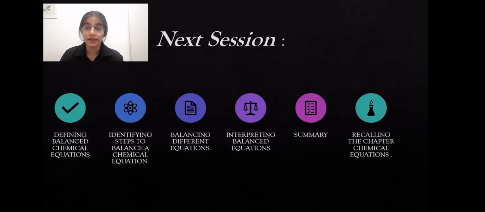We will try a lot of different examples, and balance all these different chemical equations through the steps that we studied. Then we will interpret all these balanced chemical equations, and make a summary of what we study in that session. After we are done with this, we will try and recall the whole chapter of chemical equations.